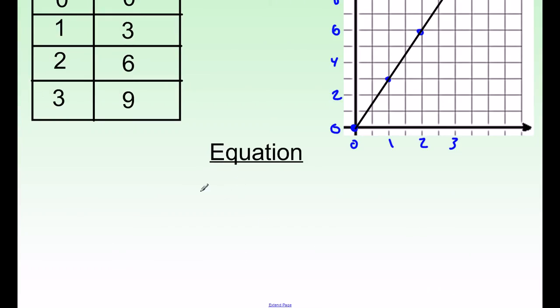The equation is going to be, well, we've seen it a few times, it's this relationship. So if I say time and houses, those are the two things that are being measured. In 1 hour, she makes 3 birdhouses. In X hours, she makes Y birdhouses.